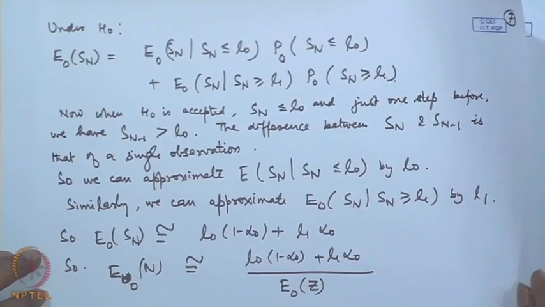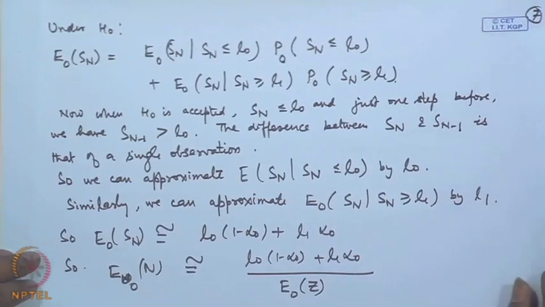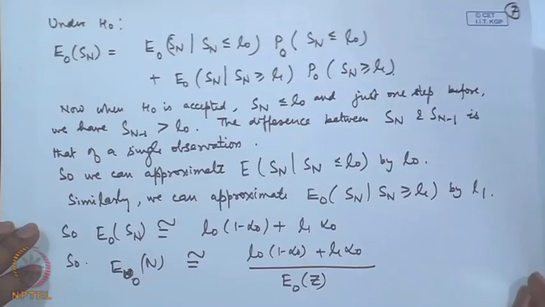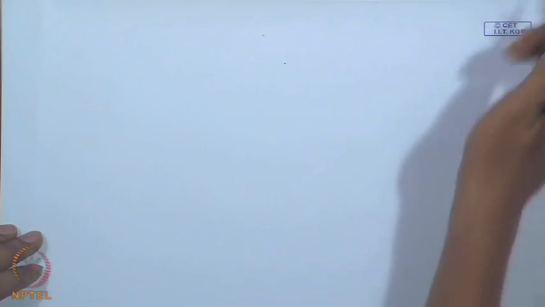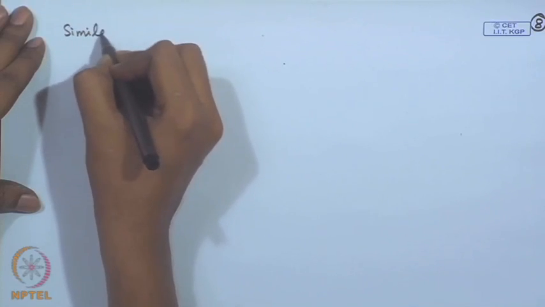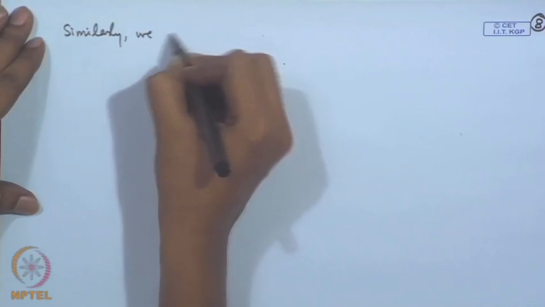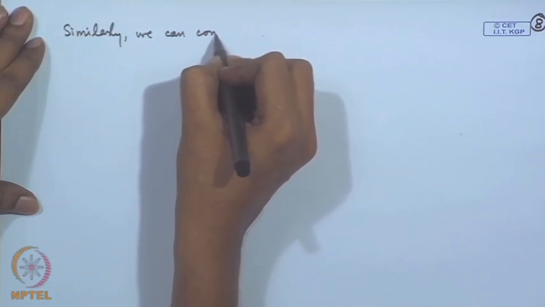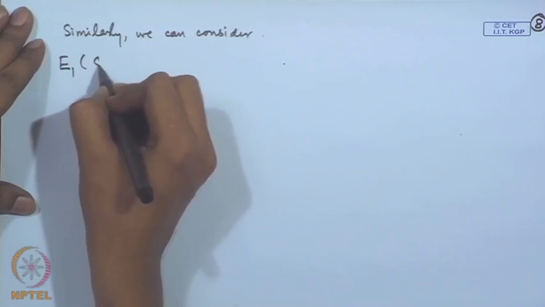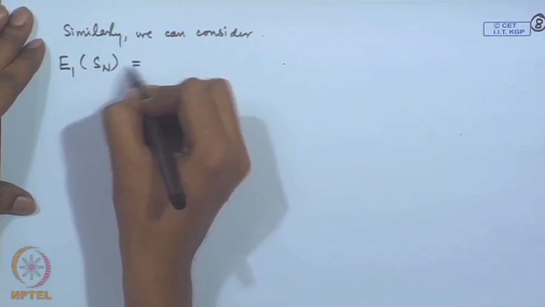In a similar way, you can see the other term also. Only the difference is that there the hypothesis will be H 1. So, similarly, we can consider expectation of S n under H 1.